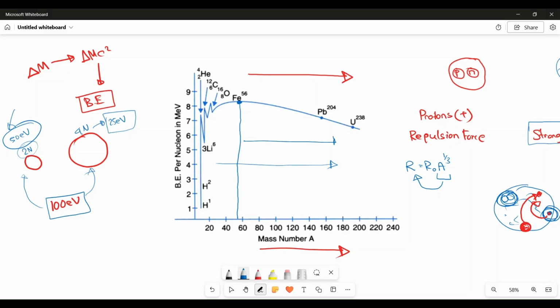In the right part of this region fission reactions take place, and here fusion reactions take place. Why these nuclei take part in fission, and why these nuclei take part in fusion, we will see in the next video.